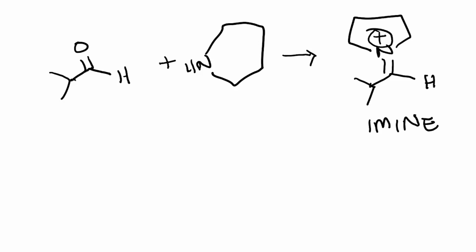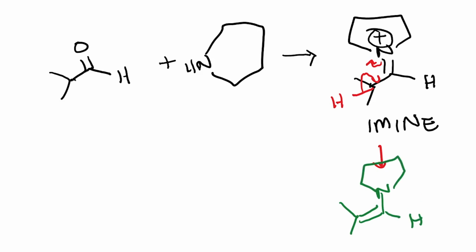But the interesting thing here is that you have a proton that is enolizable, and so if you again push electrons, you're going to get the formation of a fairly stable enamine.